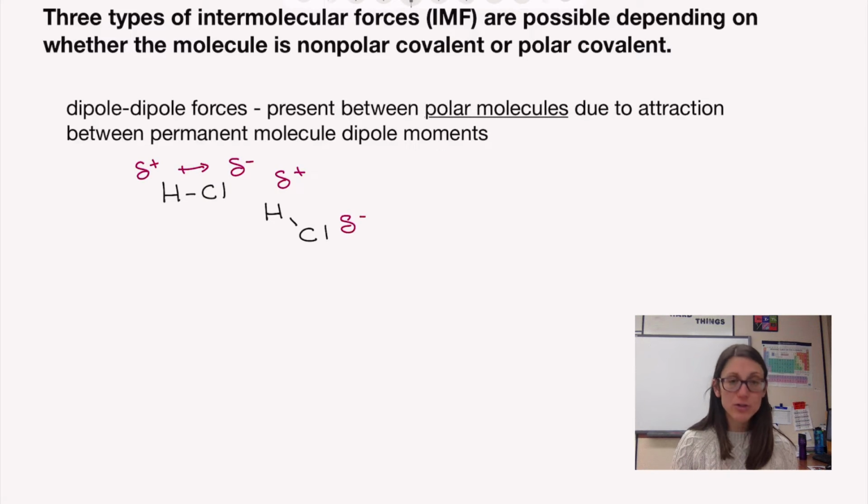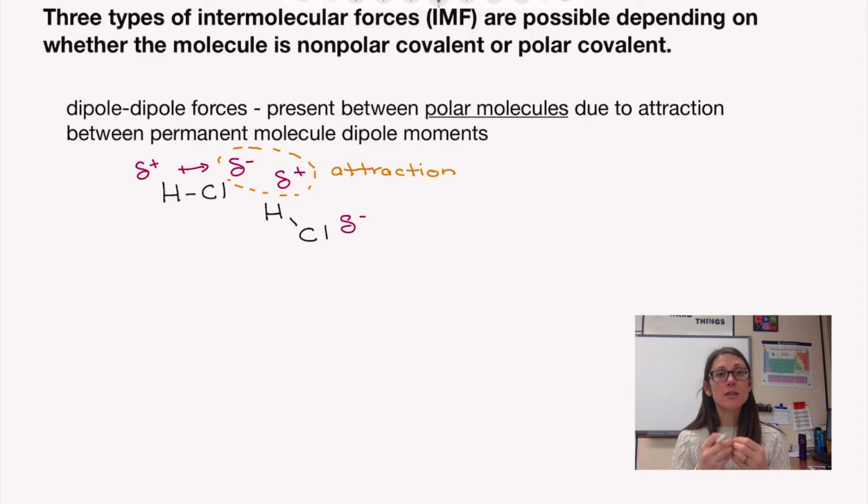And so the hydrogen will always have a partial positive charge and the chlorine will always have a partial negative charge. That leads to an attraction between those opposite charges, and that attraction is the cause of the dipole-dipole force. In small molecules, dipole-dipole forces can be more important than dispersion forces. In larger molecules, those dispersion forces tend to dominate.